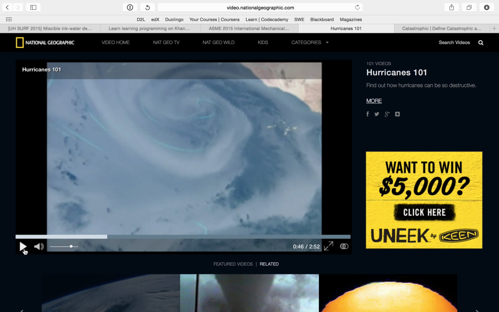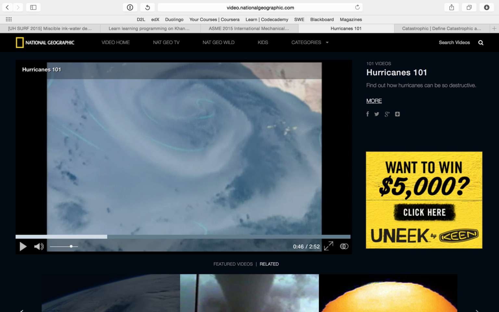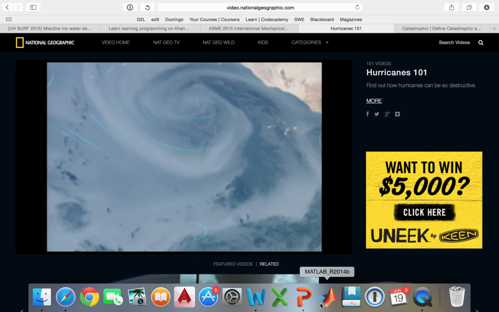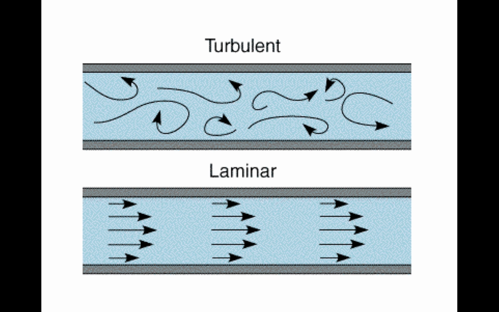As you can see there, wind is made of air, and air is a type of fluid. There are two types of fluid flows, turbulent flow and laminar flow. Laminar flow is easy to predict because it follows a pattern.